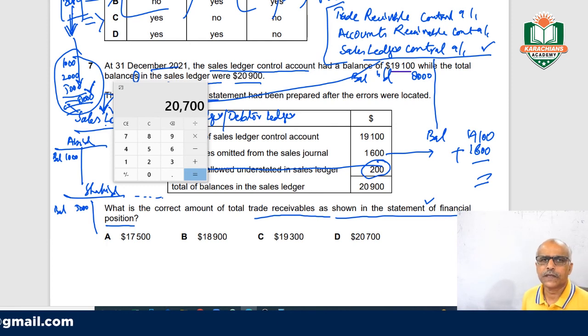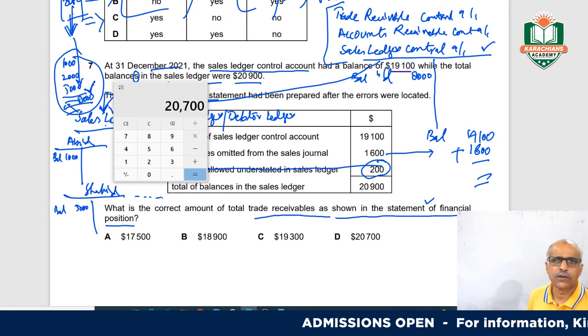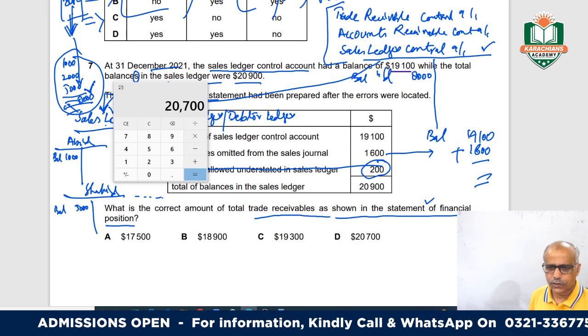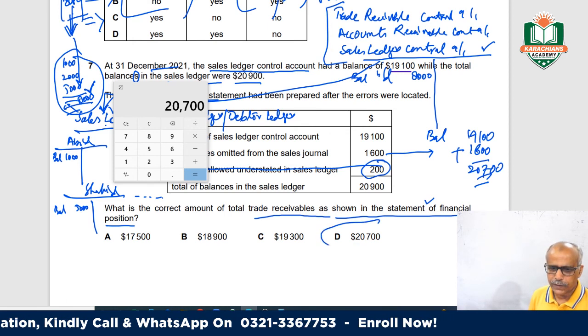Because this sale was not recorded in the book of prime entry, it was not recorded in the general ledger, so the general ledger you have to correct. Your total would be 20,700. So your answer will be D.